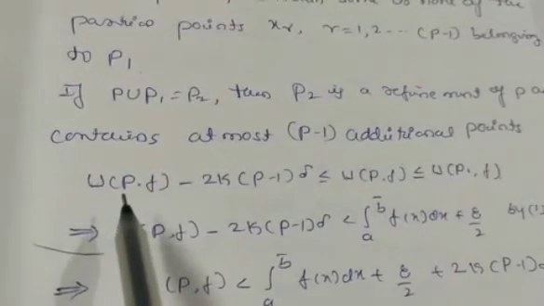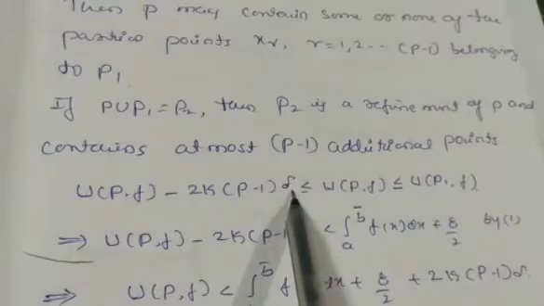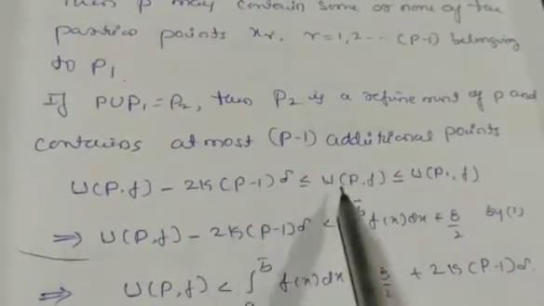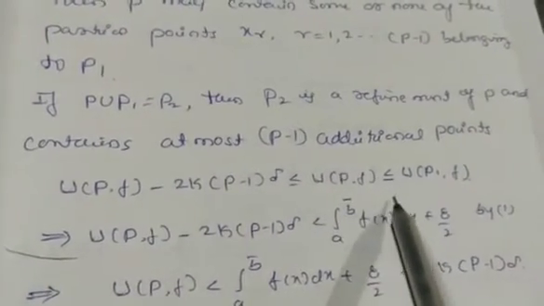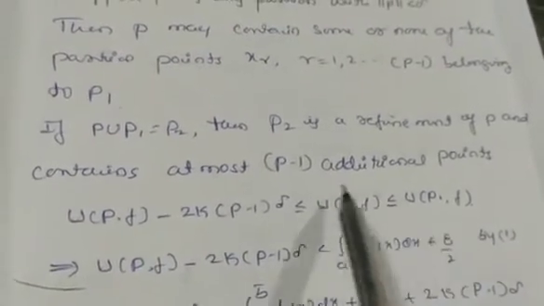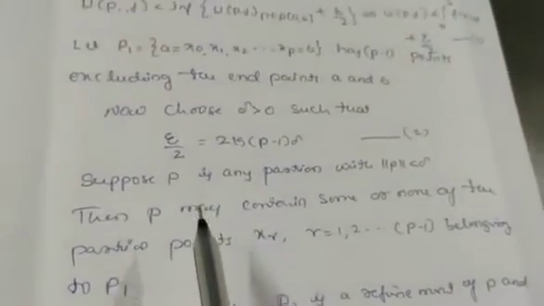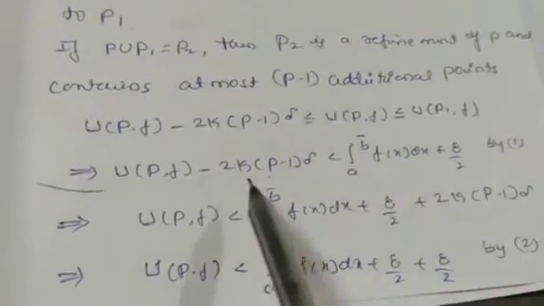So UPF minus 2k into p minus 1 into delta is less than or equal to UP2F. It is definitely less than or equal to UPF, because we are subtracting some value, and it is less than or equal to UP1F because P1 is contained in P2.